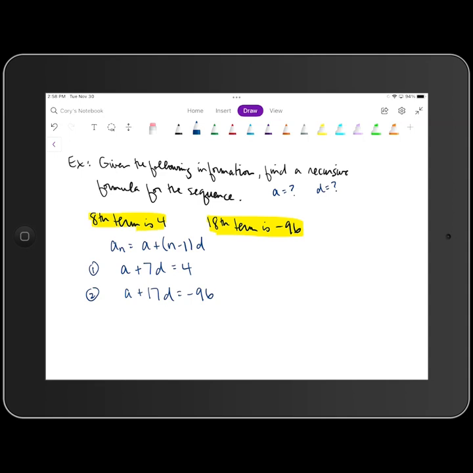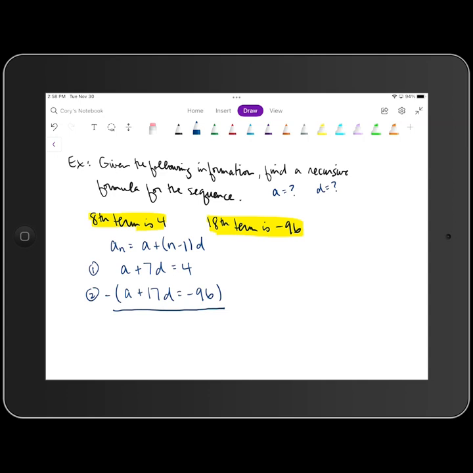When we're solving a system of equations, we have two techniques we can use: substitution or elimination, and either one would work fine in this instance. I'm actually going to use elimination because I can subtract the bottom equation and eliminate the variable A. If I subtract those two equations, we get A minus A, which is 0.